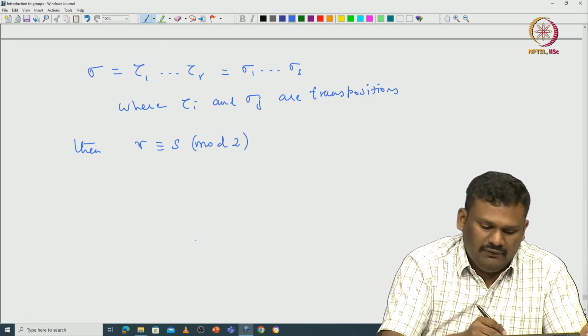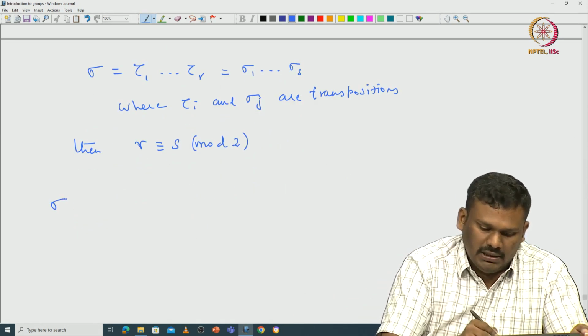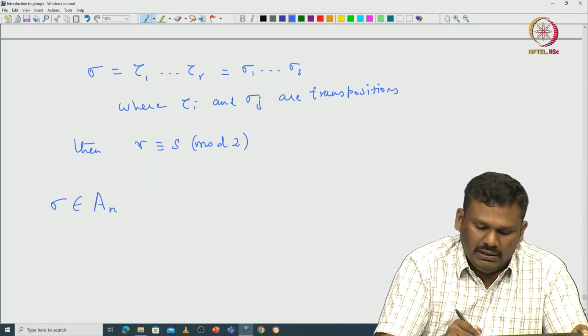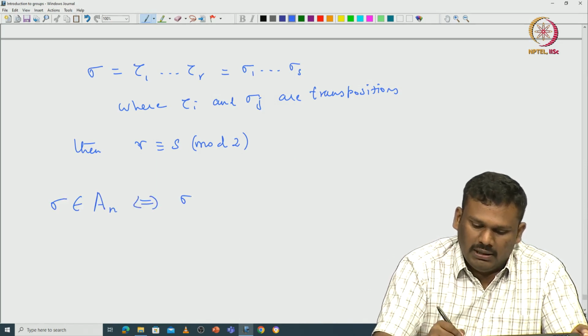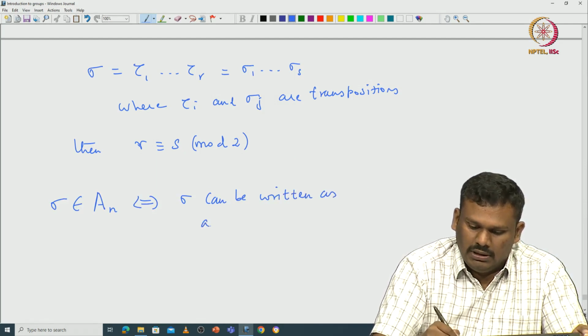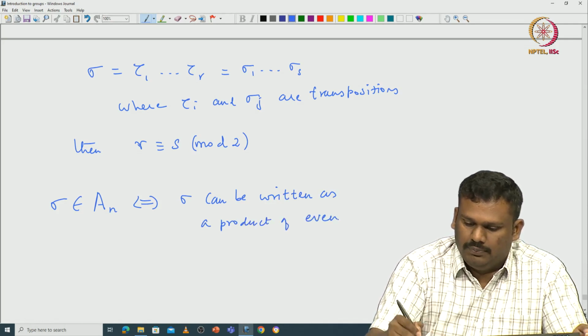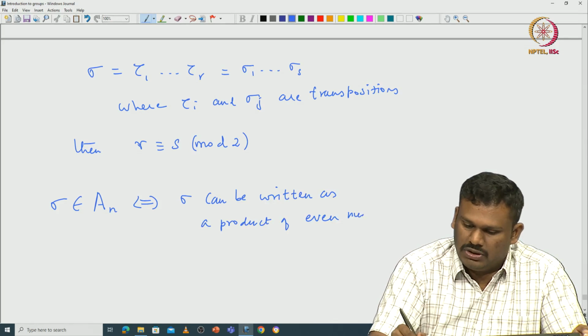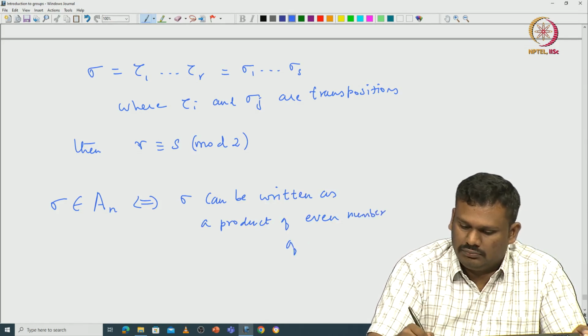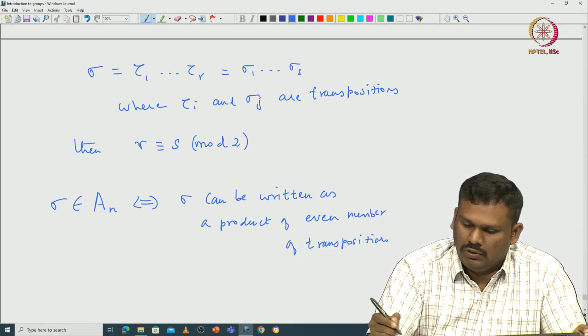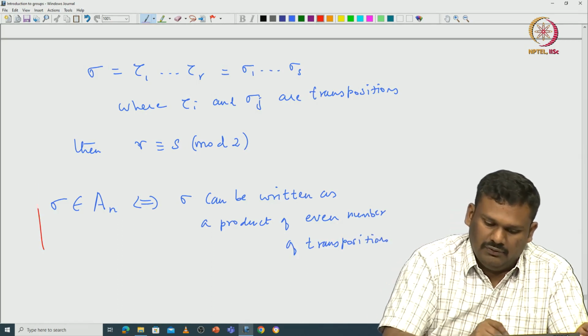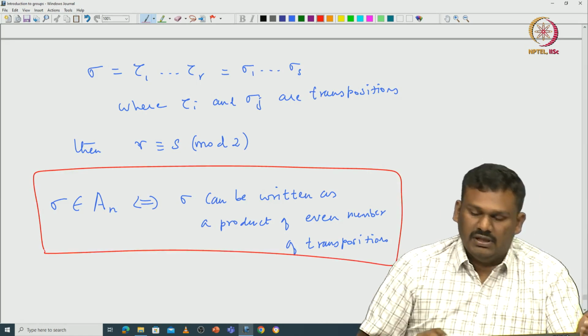So in particular we have the following characterization: sigma is in A n if and only if sigma can be written as a product of an even number of transpositions. This is one characterization of sigma being an element of A n.